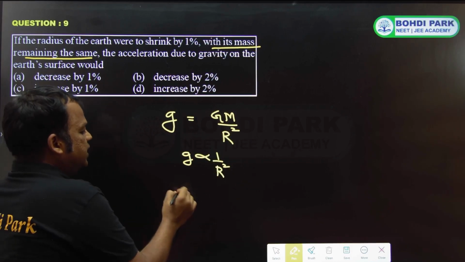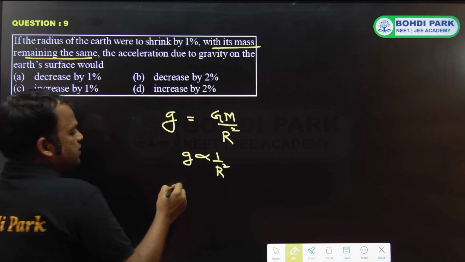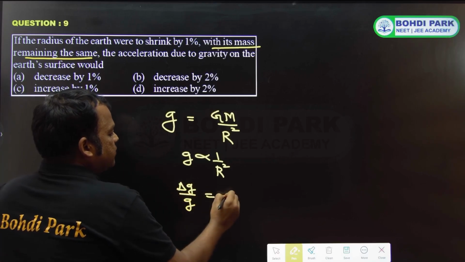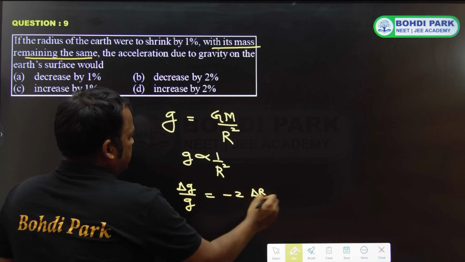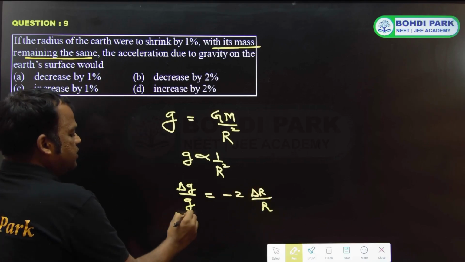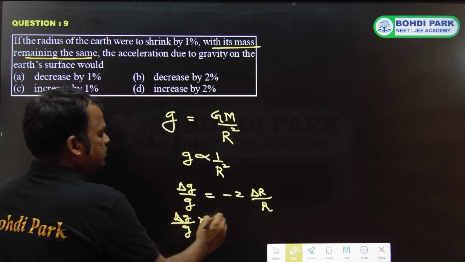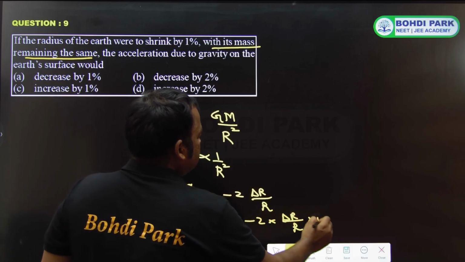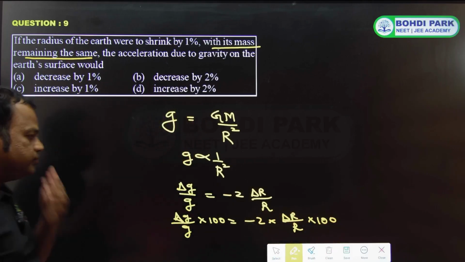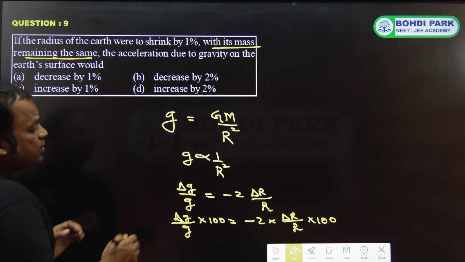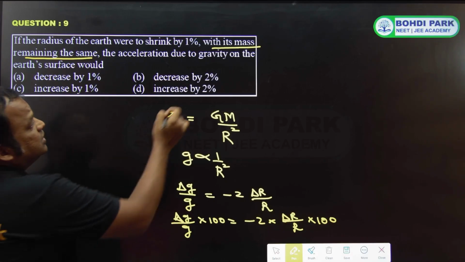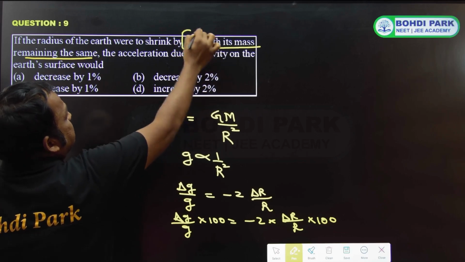So we can use the error formula to find the percentage change. Delta g by g is equal to minus 2 times delta R by R. So delta g by g into 100 is equal to minus 2 times delta R by R into 100. So why we are using the error formula? Because the percentage change is very small.